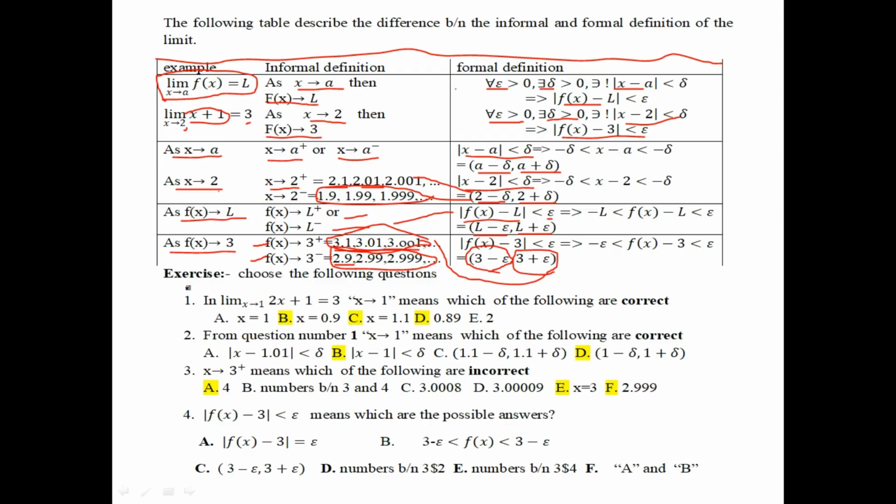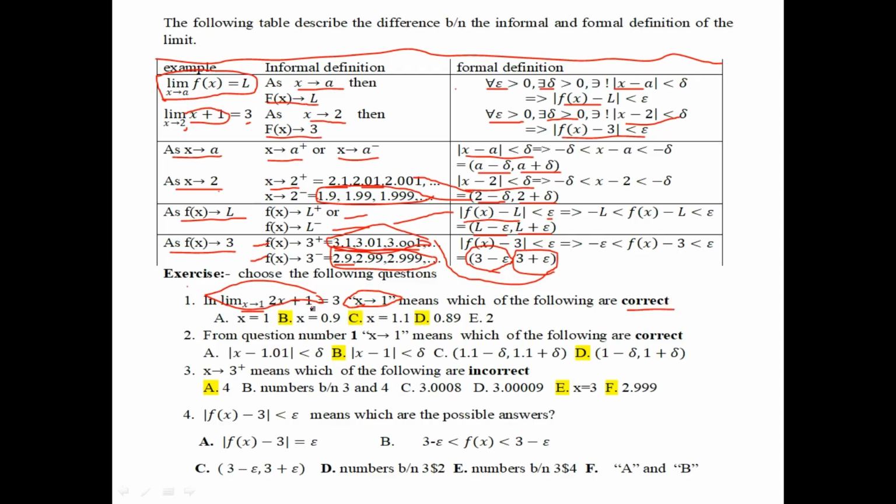So we have some exercises related to these counterexamples. In the limit as x approaches 1 of x plus 1, which approaches 3, from the definition, what do we mean by the symbol x approaches 1? Which of the following is correct?